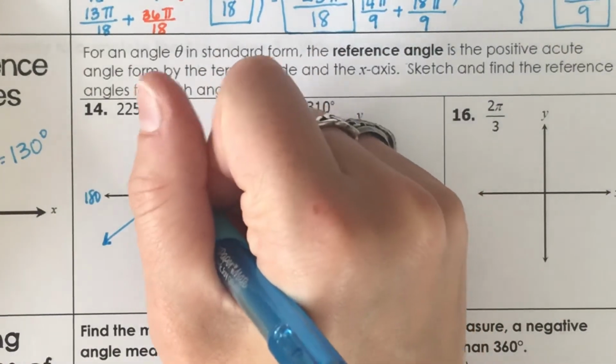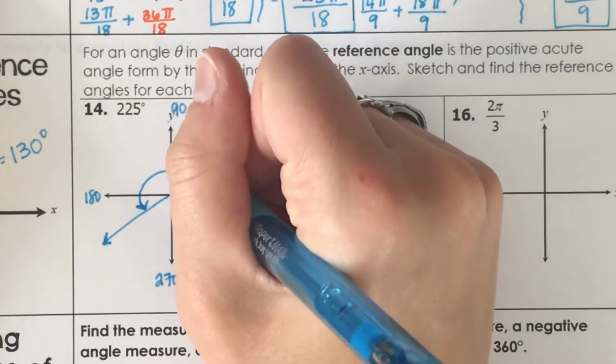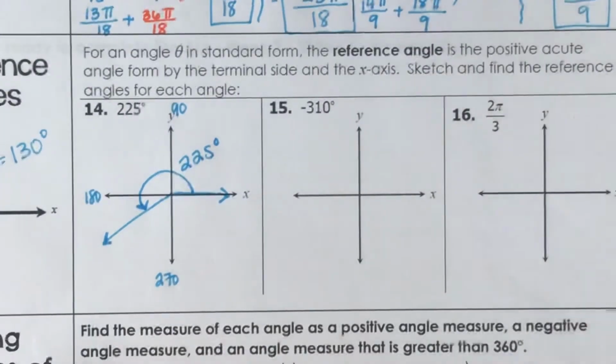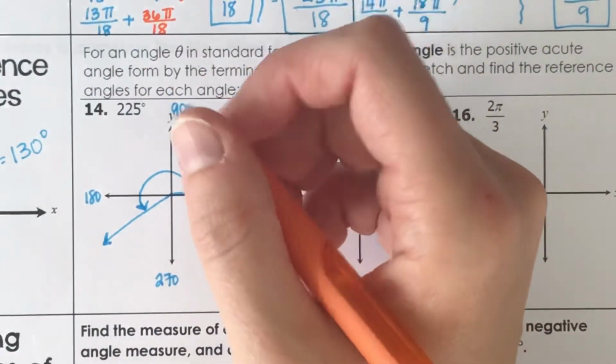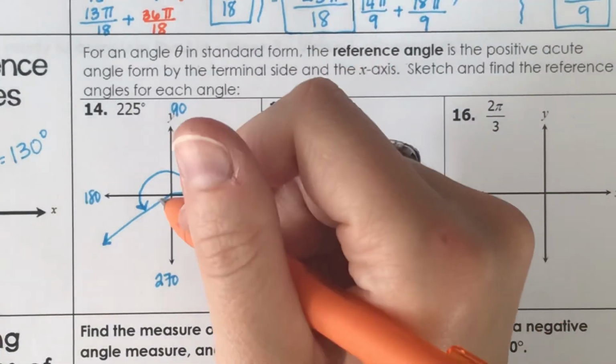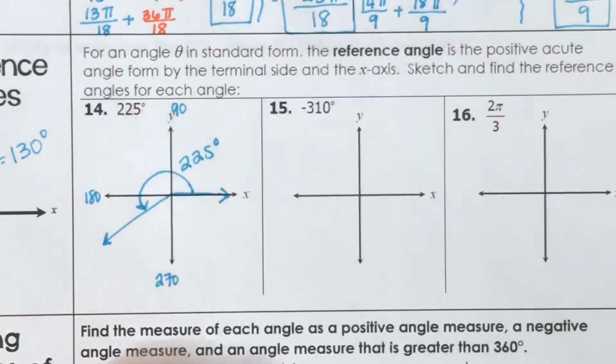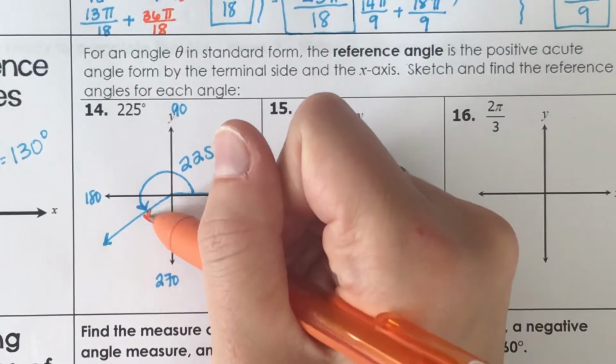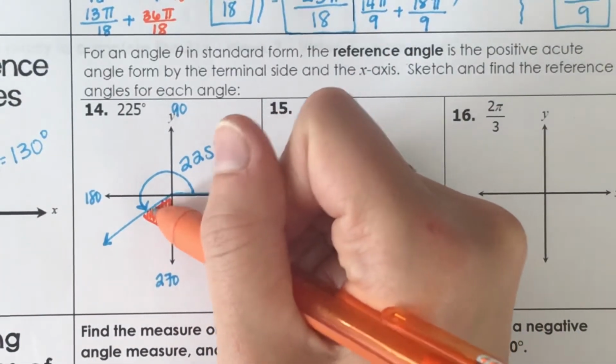So I start here, I go all the way over at 225 degrees. So the reference angle is this space that's left over here. To get from here to here, this would be my reference angle that's left over.